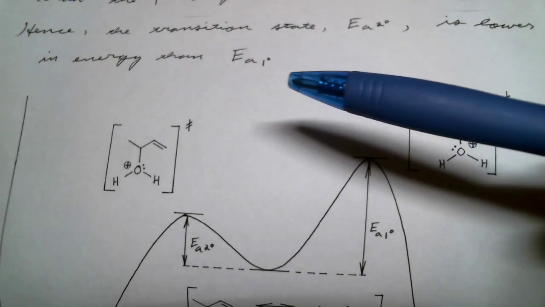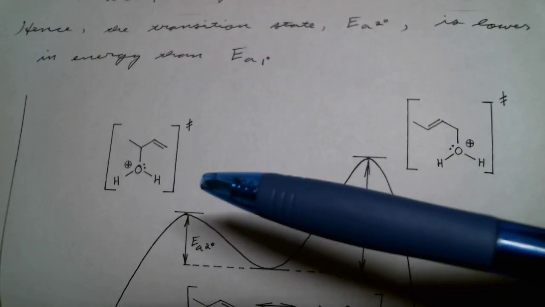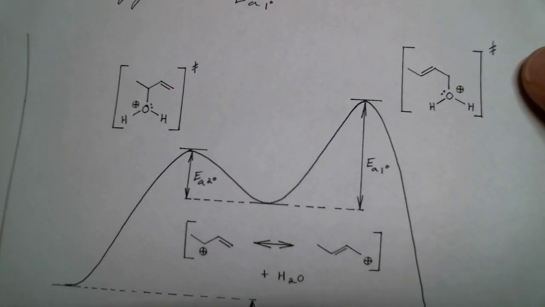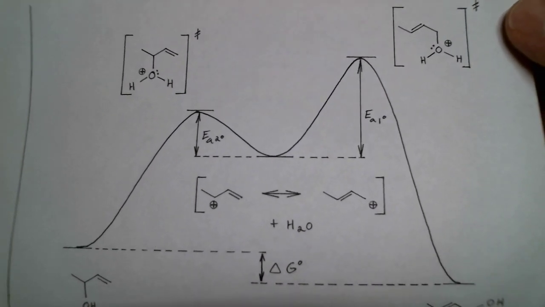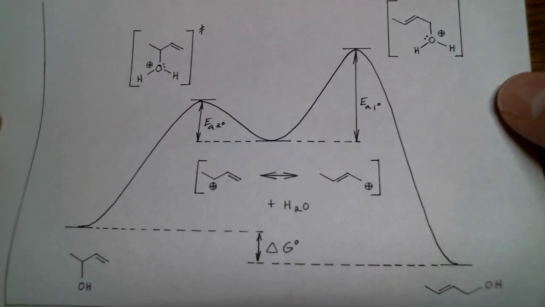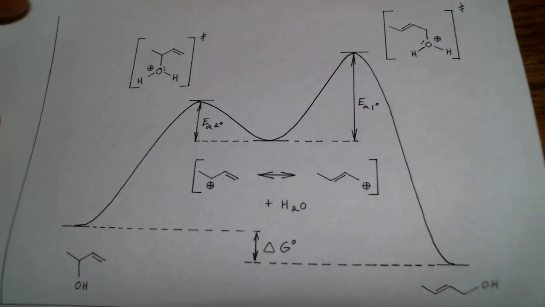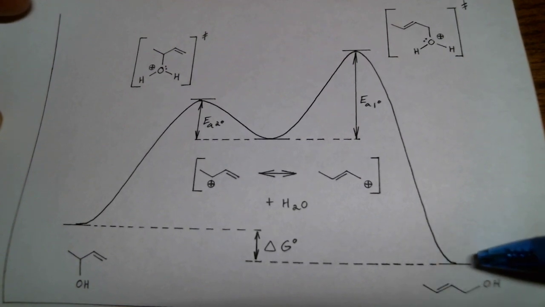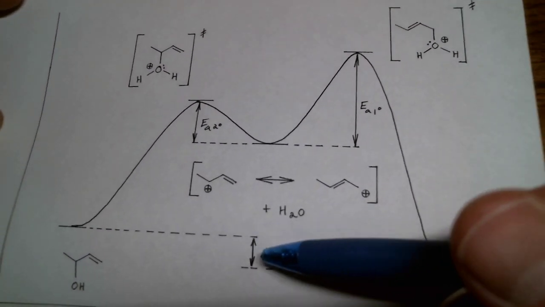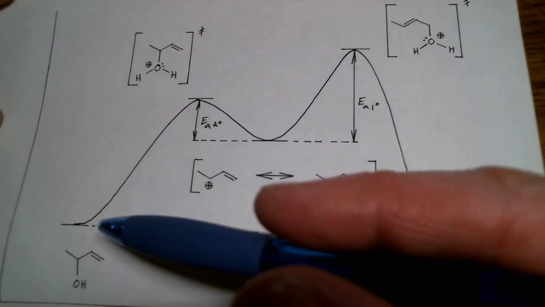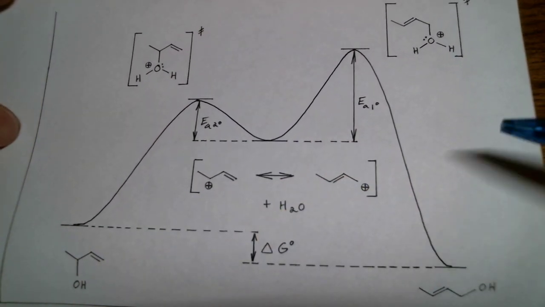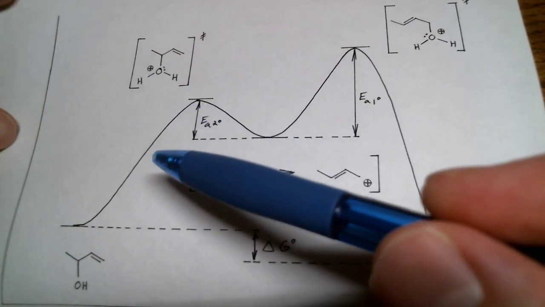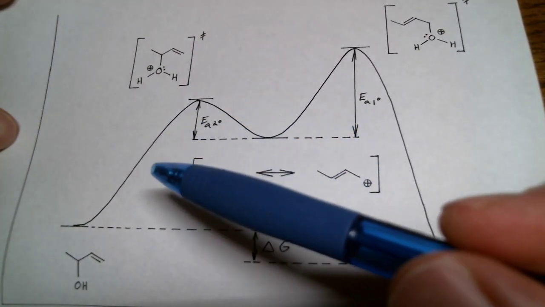And here are hypothetical transition state structures for our reaction of this carbocation with water. But of course, in terms of stability of the resulting alcohol, we know that our dialkyl substituted alcohol is going to be more stable, that is lower in energy, right, than our monoalkyl substituted alcohol. Of course, if the reaction is under kinetic control, that means it's easier to climb the smaller hill.